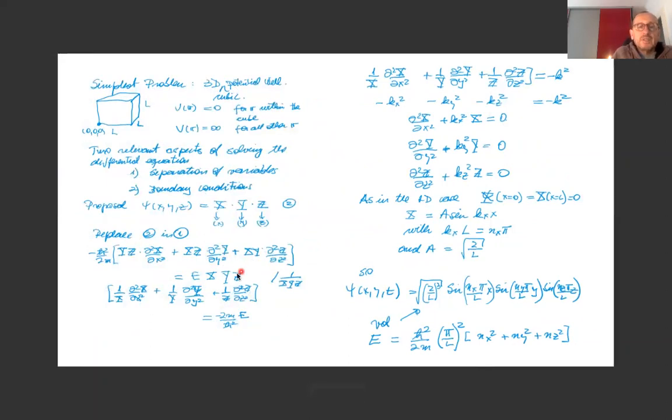I'm solving this thing inside the box. And I get this equation, which is equal to this, and these are the allowed energy levels inside the box. So I define this as k squared, a big K squared, and each one of these is kx squared, ky squared, and kz squared.